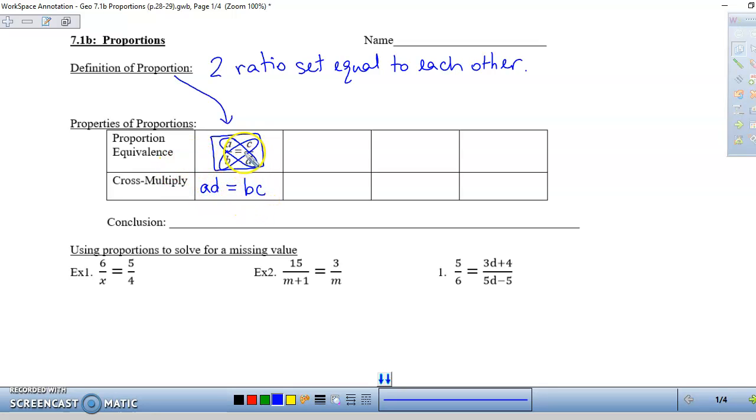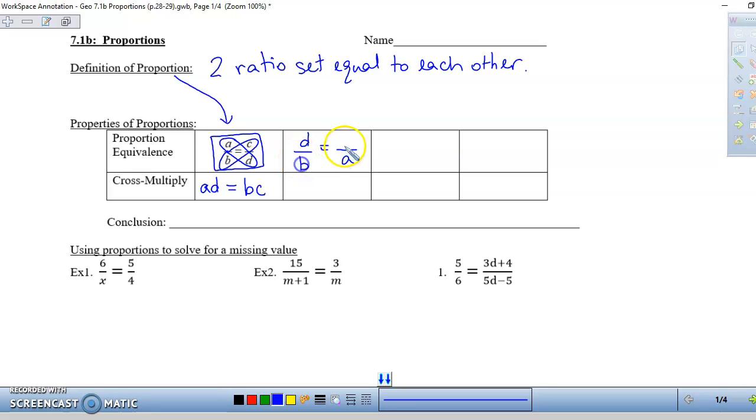So what that allows us to do is look at other ways you can arrange this proportion that is equivalent to this. So proportion equivalence. One way you can rearrange is you can switch one of those diagonal pieces. So instead of saying A and D here, I put D on top and I put A on the bottom.